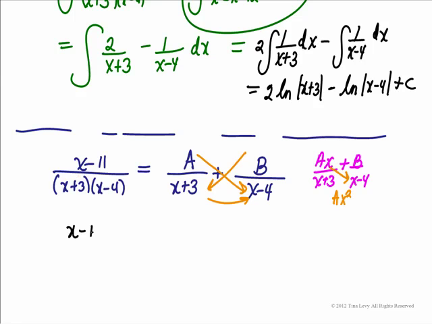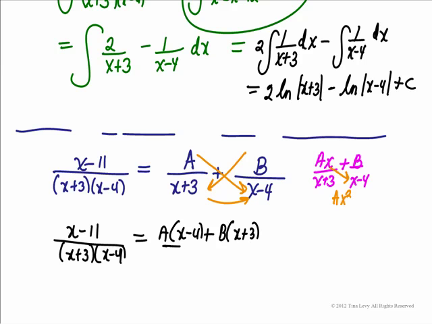I get x minus 11 over x plus 3, x minus 4 equals A times x minus 4 plus B times x plus 3, all over x plus 3, x minus 4. The two denominators are the same, so for the two fractions to be equal, the two numerators must be equal.